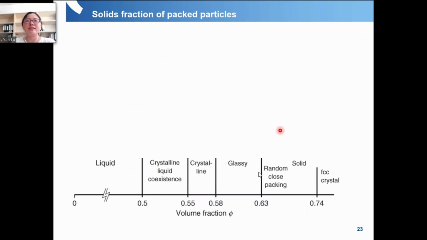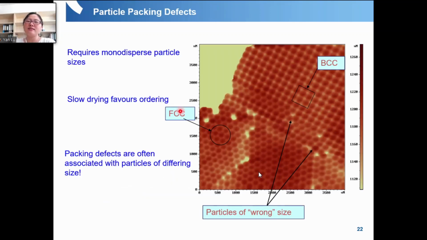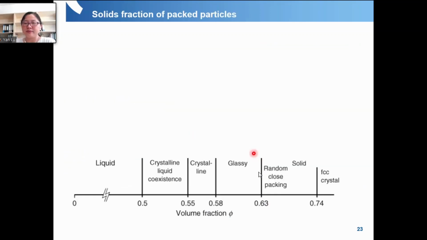If we talk especially about hard particles, you need to know what is the maximum density or volume of the particles when you have close packing. That's why we need to know a kind of phase diagram here.